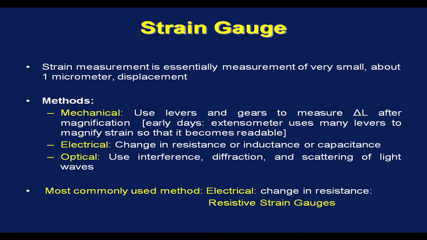The most commonly used method is the electrical method that uses change in resistance of a resistor when it is strained. Using this principle, we have resistive strain gauge transducers.